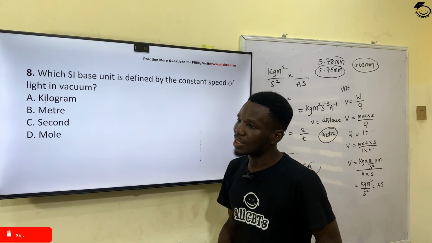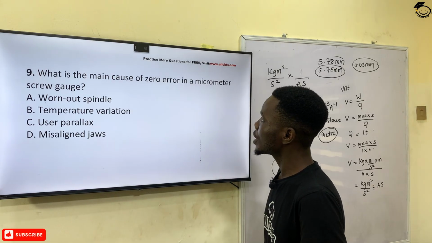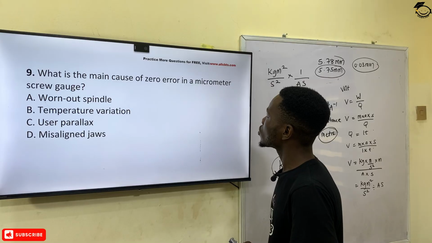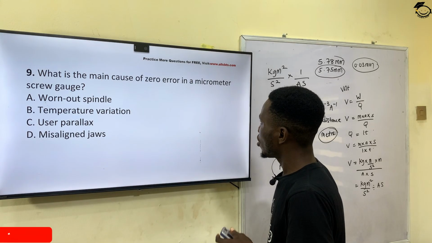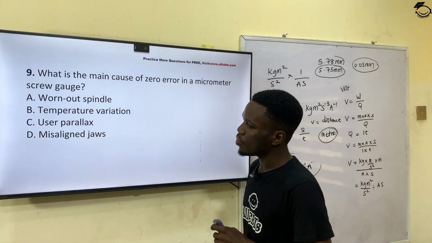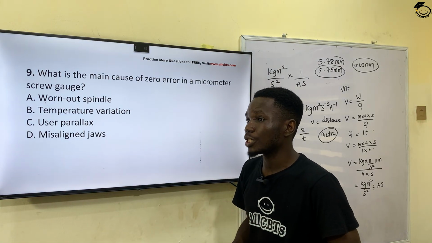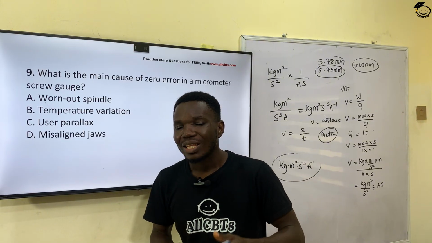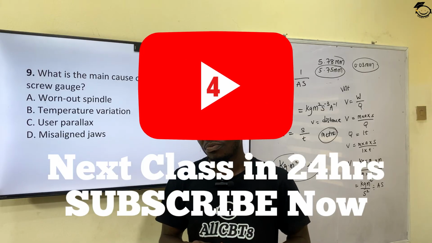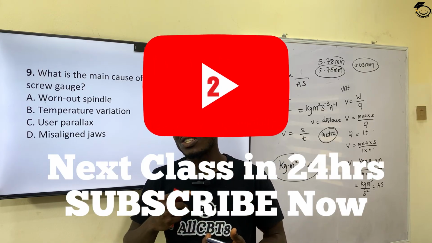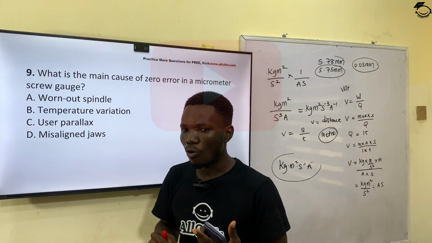So that is question number 9, which says, what is the main cause of zero error in a micrometer screw gauge? Now, zero error is a type of error that is observed when an apparatus does not start from zero. So if the apparatus does not start from zero, we call it zero error.